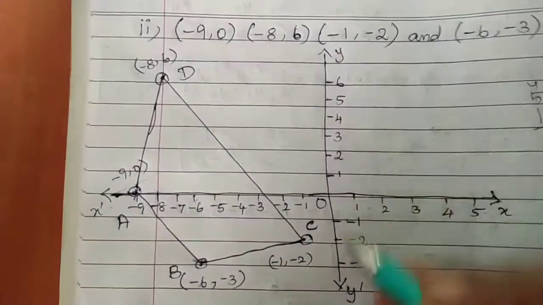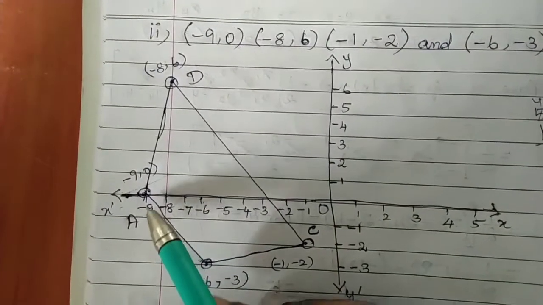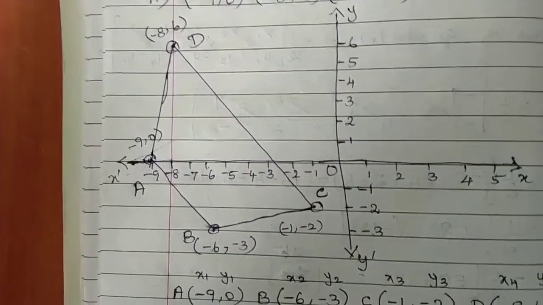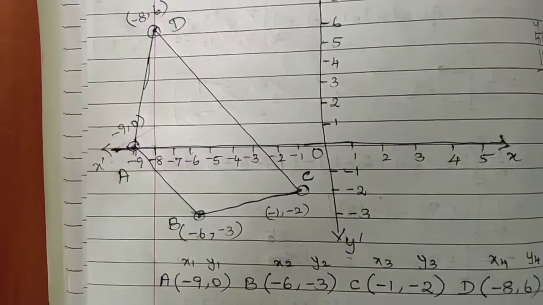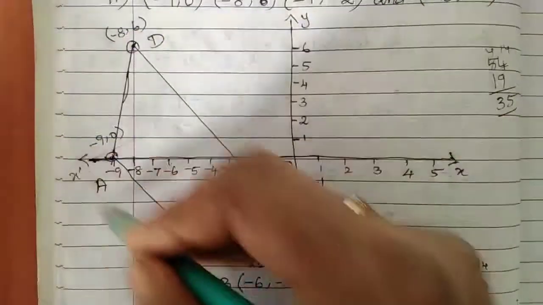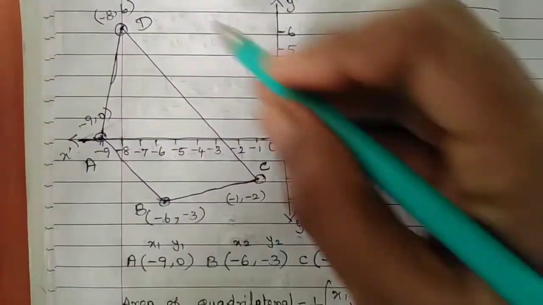Similarly, draw the graph, plot the points. First point, take A minus 9 comma 0, then mark B, C, D in the anti-clockwise direction.